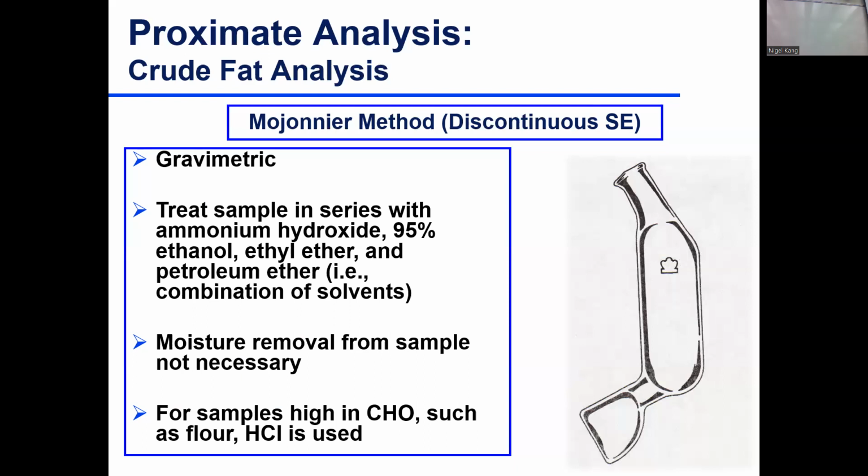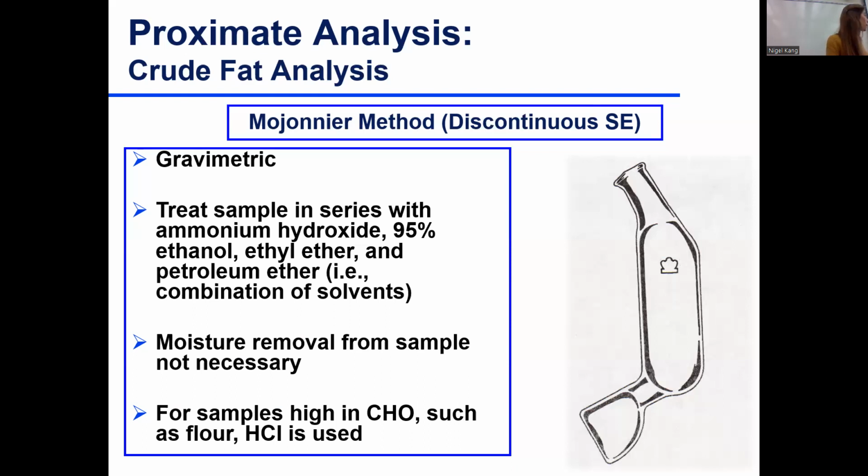And if you have a sample like flour, which has high fiber and carbohydrates, then you can use acid digestion. Use hydrochloric acid to do acid digestion and break down the bonds between carbohydrate and fat.